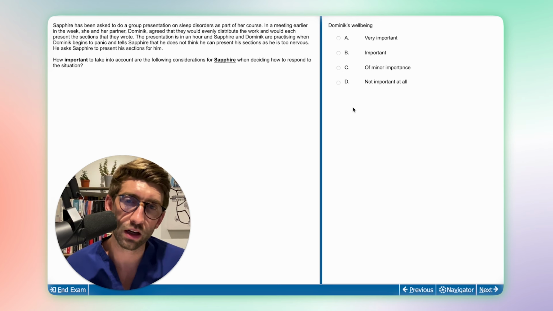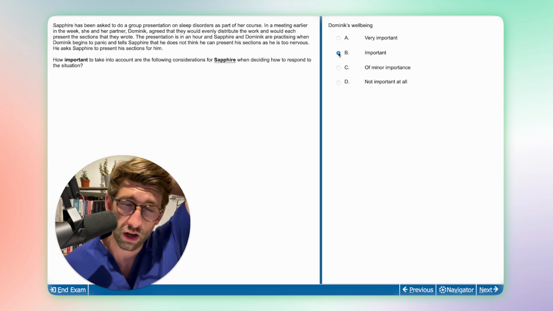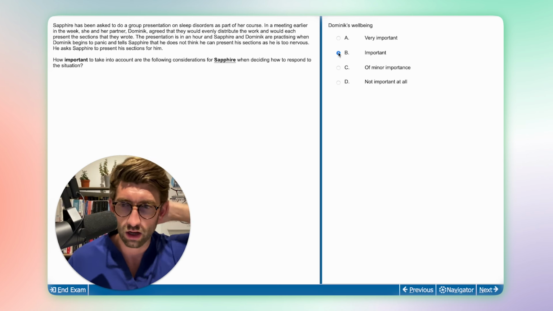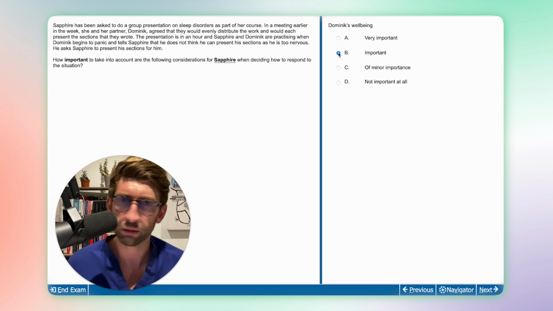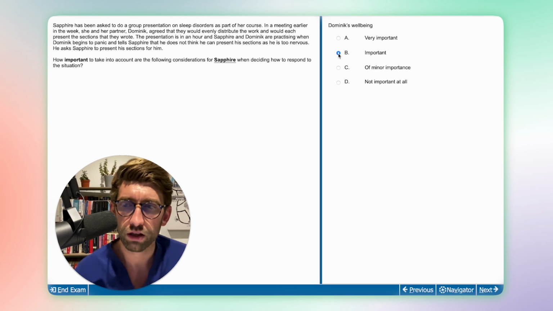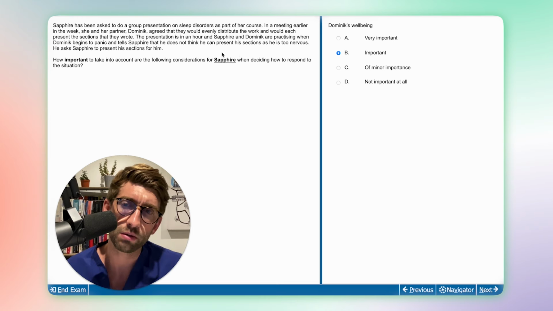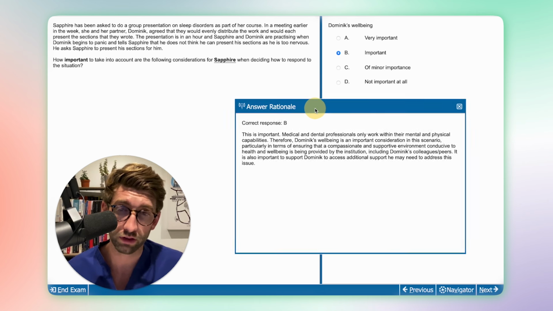Again, I'm going to put it as important. I'm slightly influenced by the last answer, where they've almost poo-pooed the fact that he's just nervous, and almost ignored the fact that you could maybe bring him around, calm him down and get him able to present. So I'm going to put important here. Let's see what's said. Okay, fine. I wasn't confident that was going to be right.